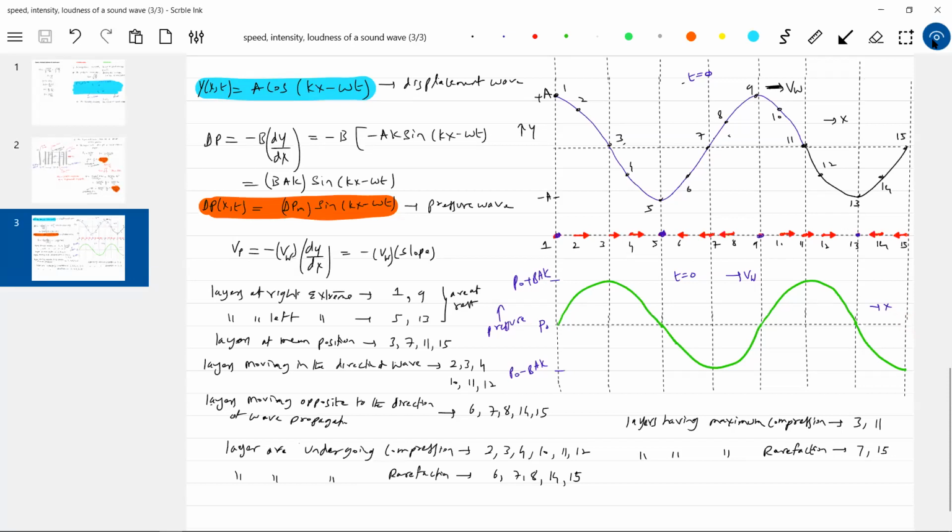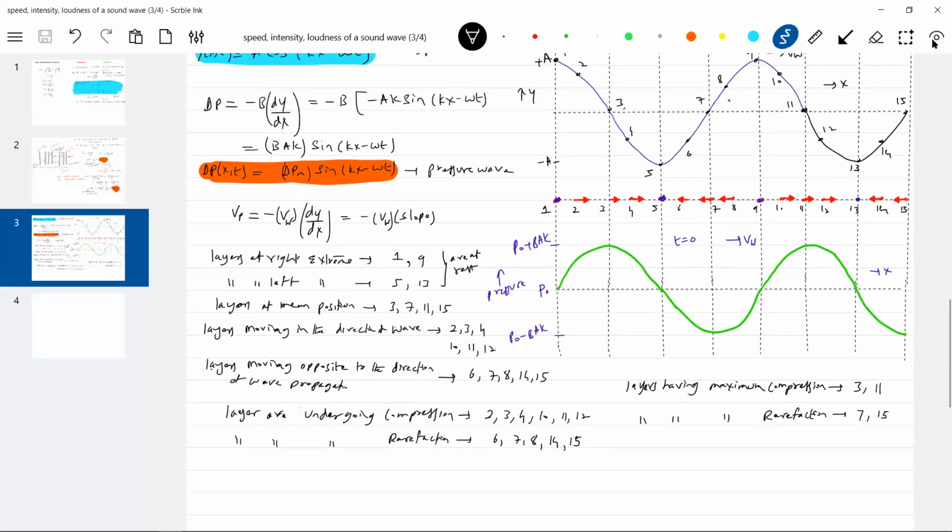Okay, now, what about the kinetic energy? Which layers are having maximum kinetic energy? Those which are at mean position will have maximum speed, no? We know it is executing SHM. So kinetic energy, where is it maximum?